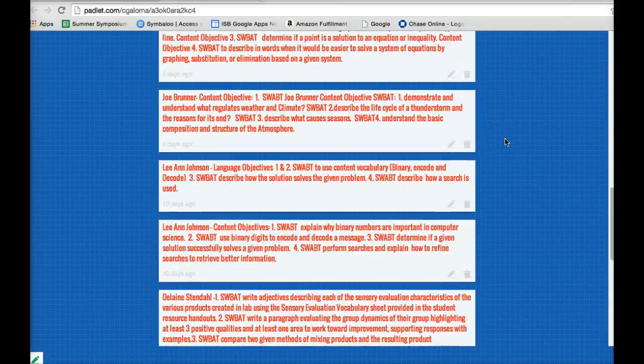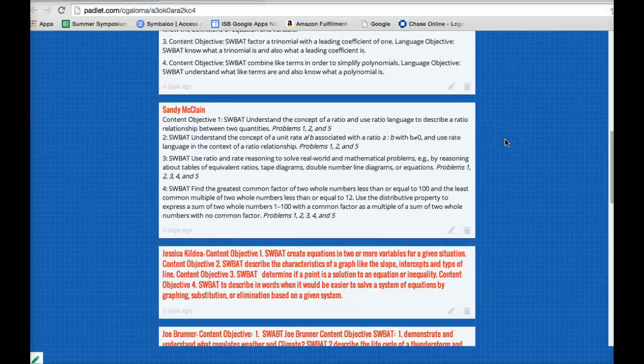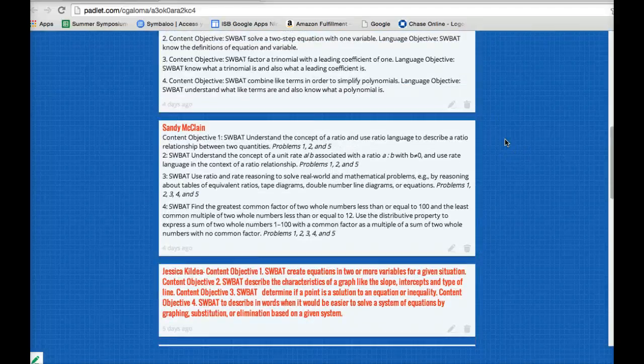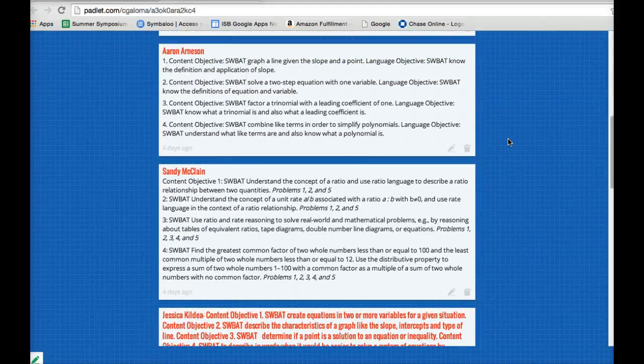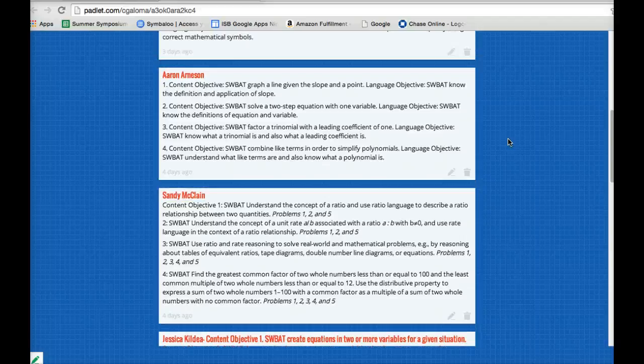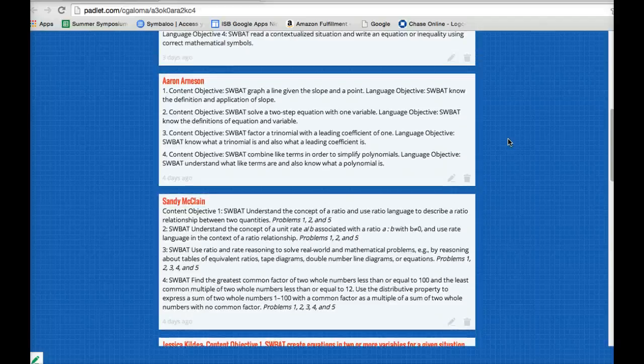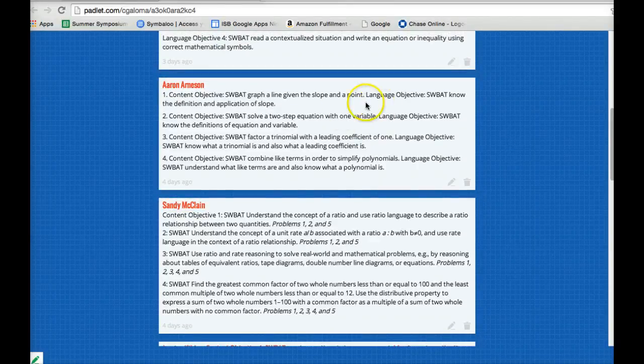So maybe by now you've started to look at the video, the last video I promise, of the amplification of language objectives. And getting back here to your example, Erin, so knowing the definition and the application of slope, that's definitely a language objective, but how will they demonstrate that?